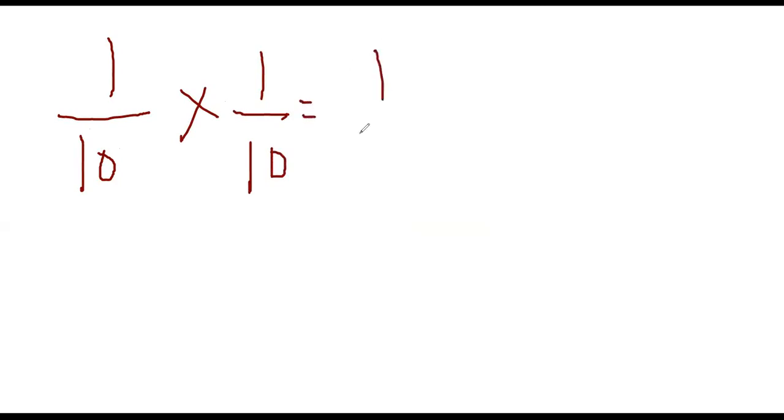For yen pairs, you actually have it as 1/10 times 1/10. 1 times 1 is what? 1. 10 times 10 is what? 100.